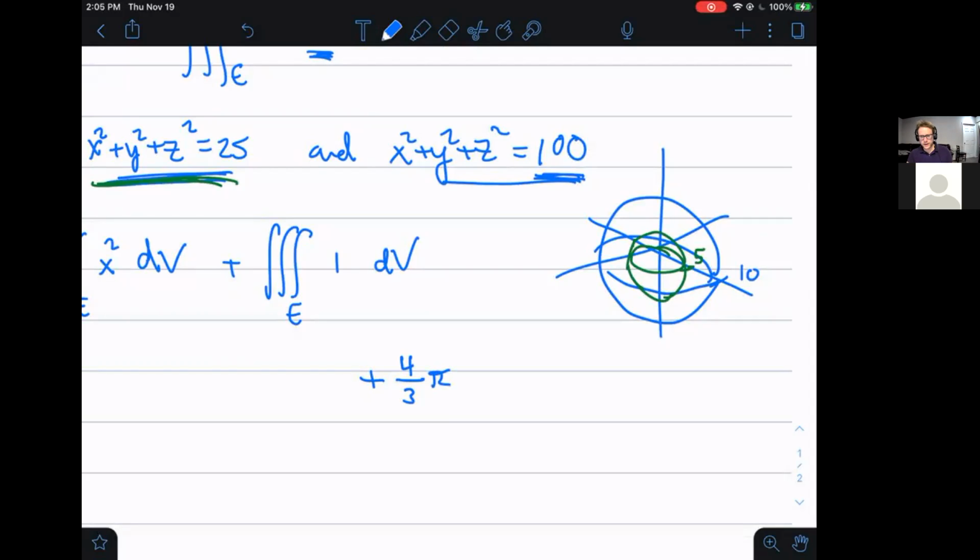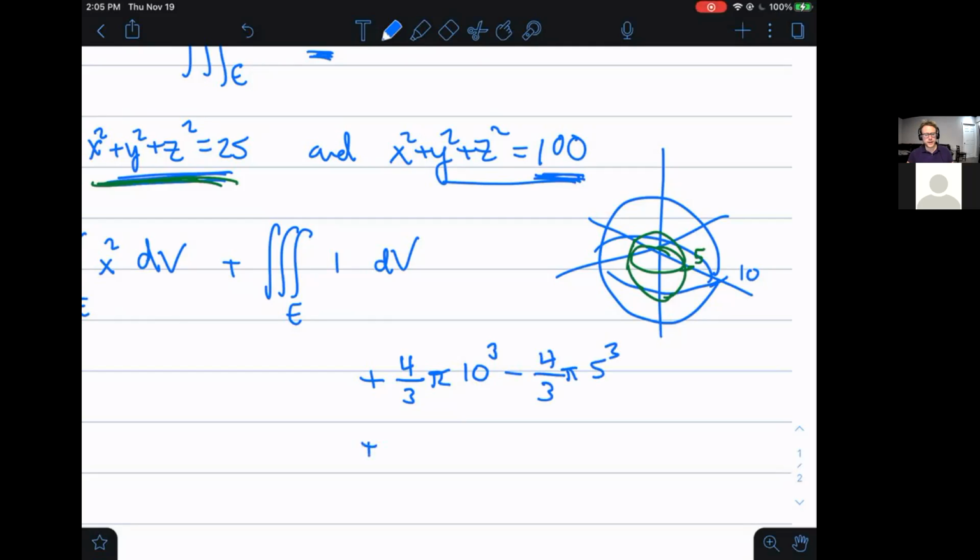The radius of the outer sphere is 10, so 10 cubed, as if it were completely solid. Then you have to take away the piece that's missing in the middle, which is another sphere: 4/3 pi and 5 cubed.